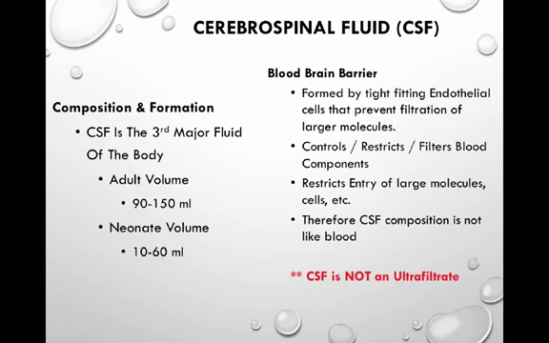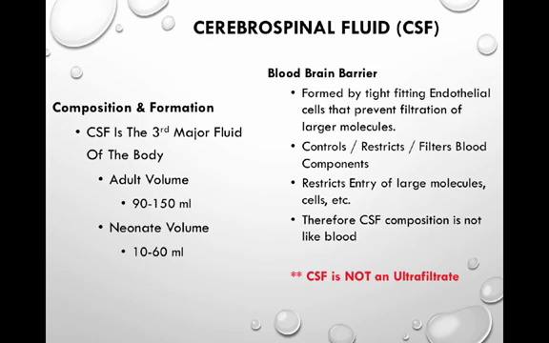So testing for these substances that are normally blocked can be helpful in diagnosing patients. If the abnormal substance is at a high enough concentration in the cerebrospinal fluid, it might indicate some sort of disruption of that blood-brain barrier. And again, the blood-brain barrier is protection for the brain cells.